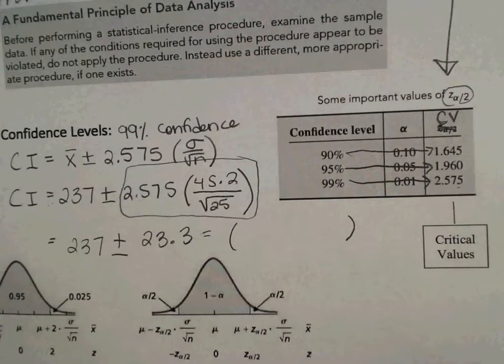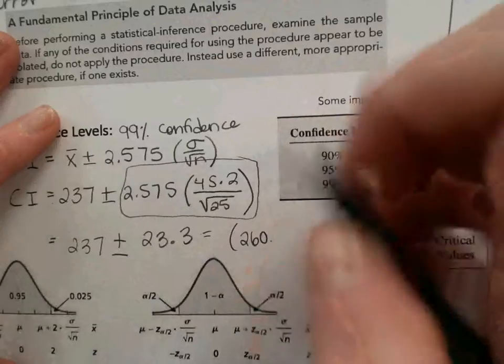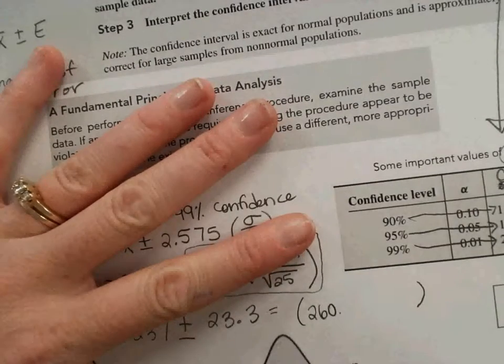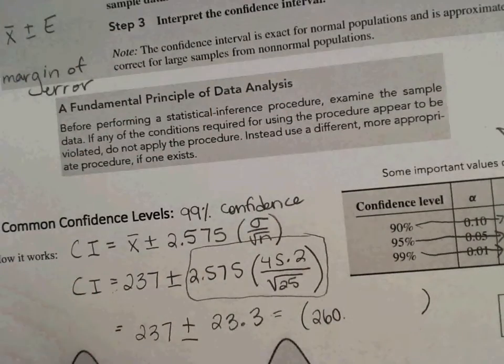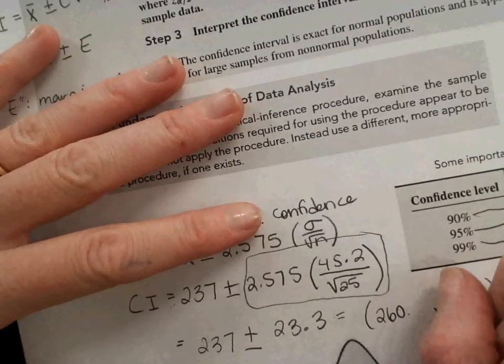Gwen? 260.3 for adding, and 213.7 for subtracting. Okay, do them again.